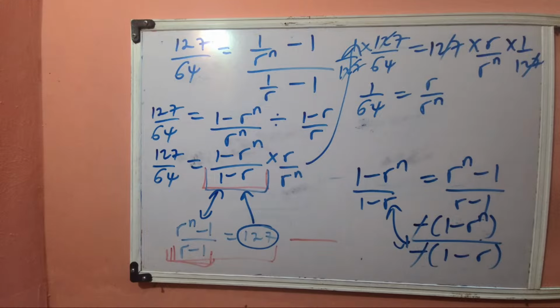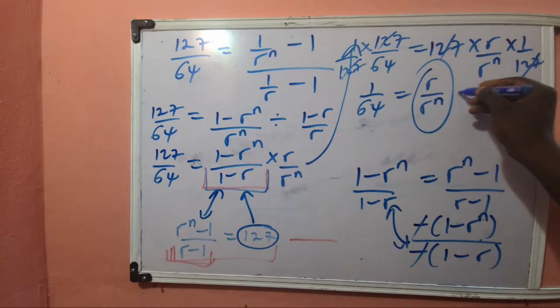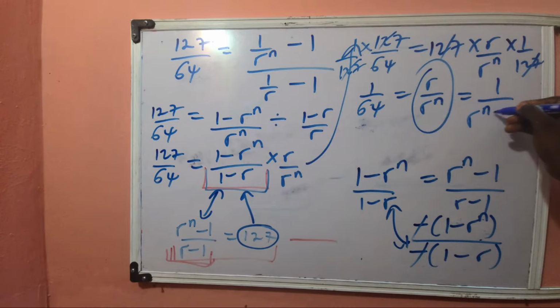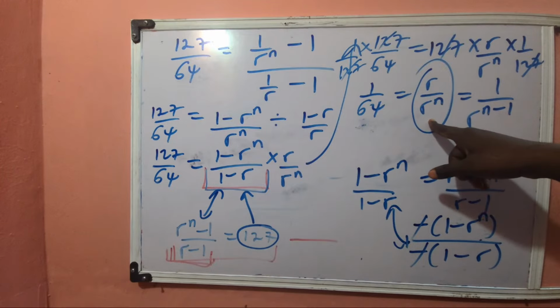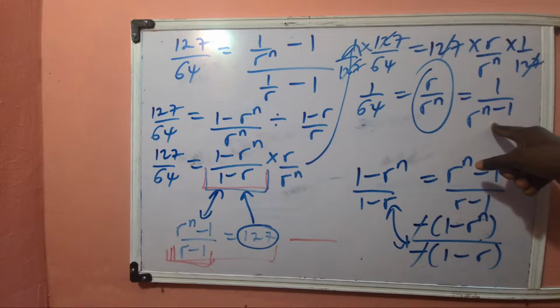Now, if you see what we have here, I want to see if you can look at what's going on here. Can you prove to me that this is actually equal to 1 over r raised to power n minus 1? This value we have here is actually equal to this.